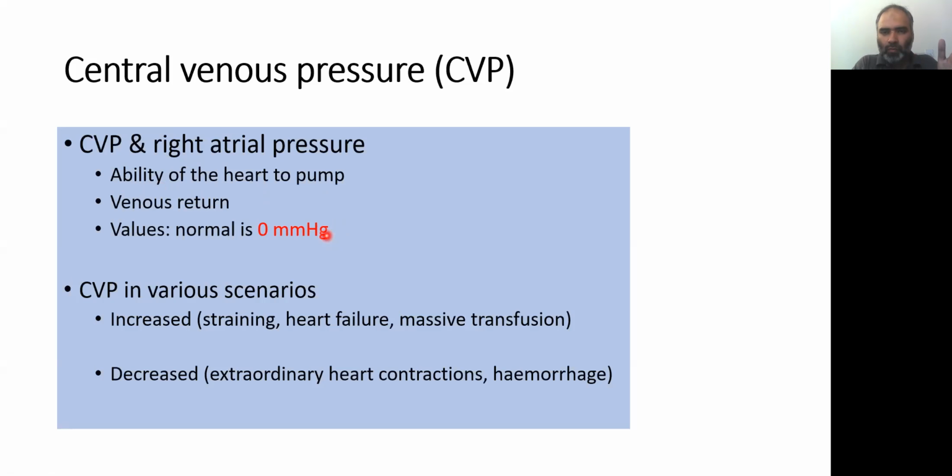So this pumping system keeps the right atrial pressure low. Now you know why the heart's ability to pump is related with the CVP being zero or near zero. Okay.